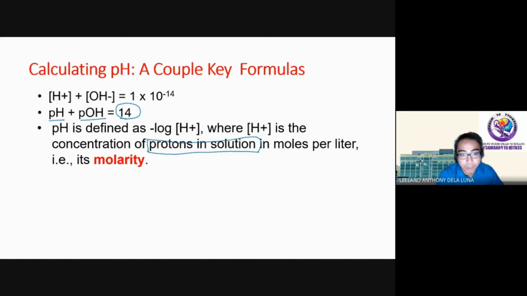Right? And that concentration class of protons in a solution is often expressed in molarity. Okay, again, moles per liter. Are we good? Okay. So basta tandaan nyo ang hydronium ions natin, okay, will always be expressed in the concentrations of moles per liter, or molarity.